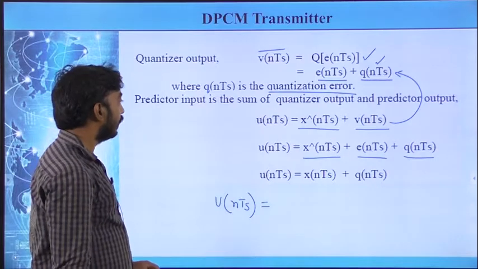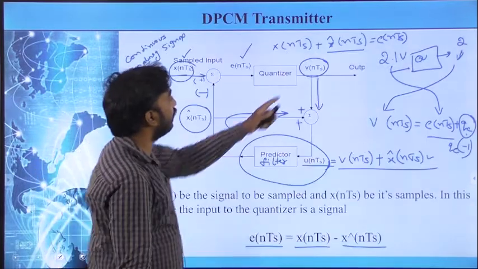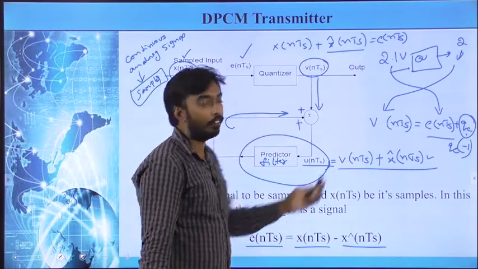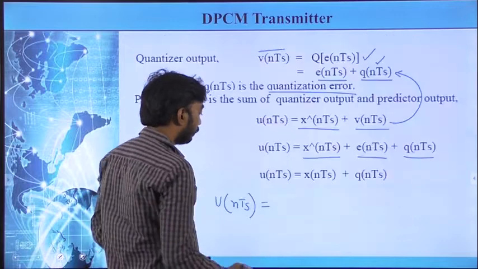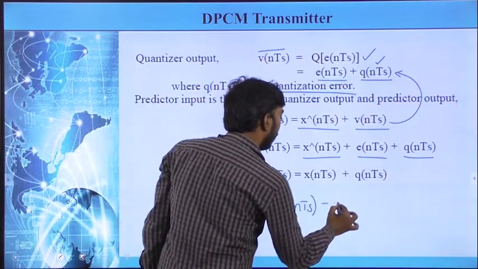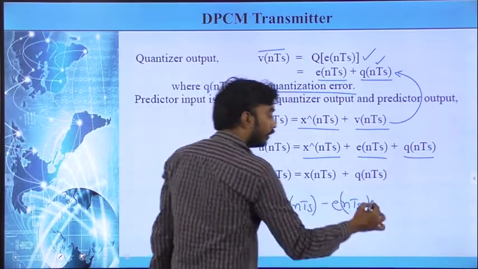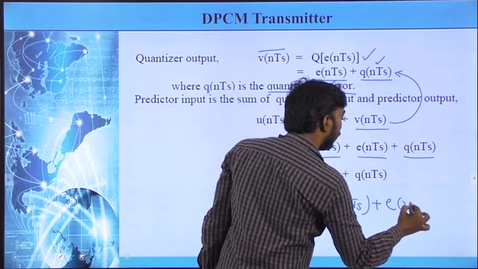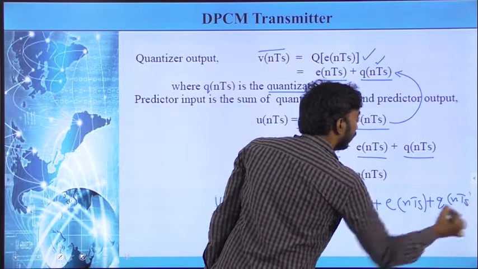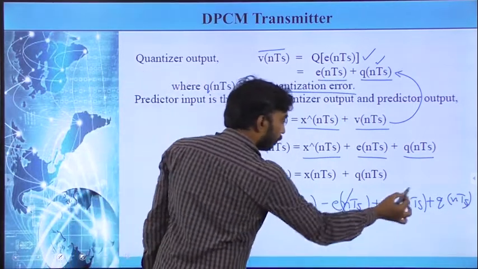If I calculate it, then X cap of nTs is equal to X of nTs minus E of nTs, right? Minus E of nTs, and then this V of nTs, that means E of nTs plus Q of nTs, then minus and plus cancel.